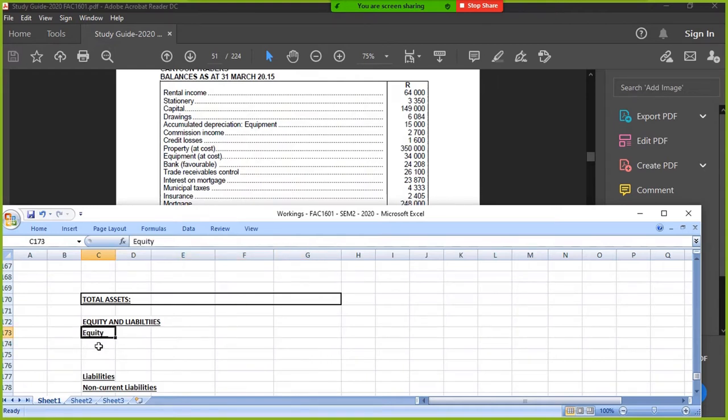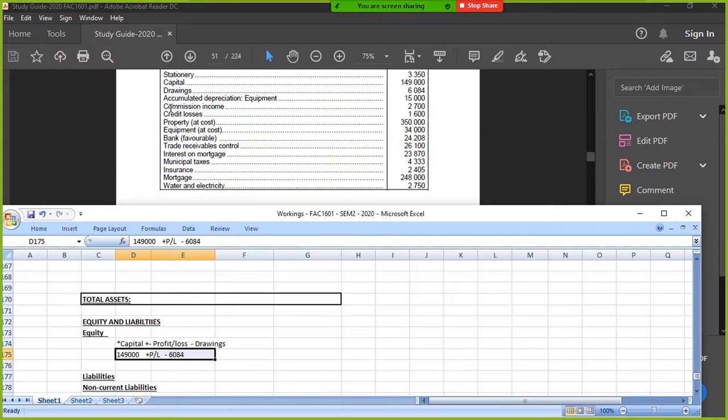So here under equity, you'd have a working for it, with an asterisk: capital, plus or minus profit or loss, minus drawings. You've already got two amounts here. You've got capital, 149, and you've got the drawings of 6084. So there's a working there that we're going to be looking at for equity.